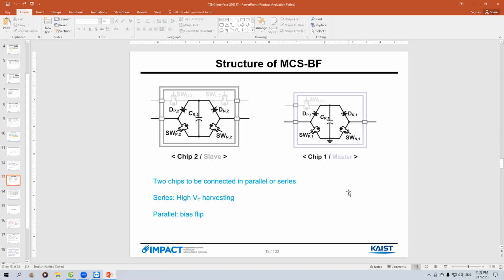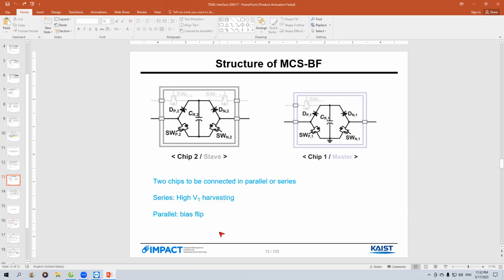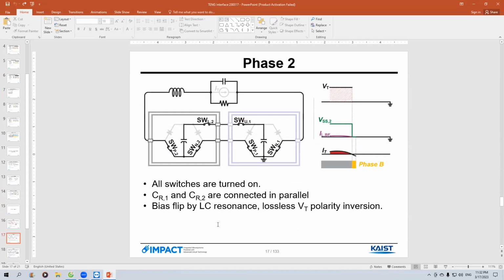Do you know what bias flip means? So the bias flip basically means reversing the diodes, reversing the forward and reverse biases. Right?